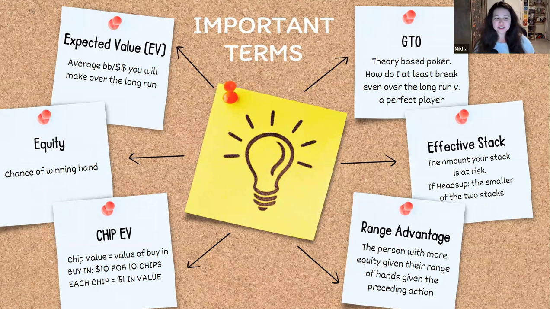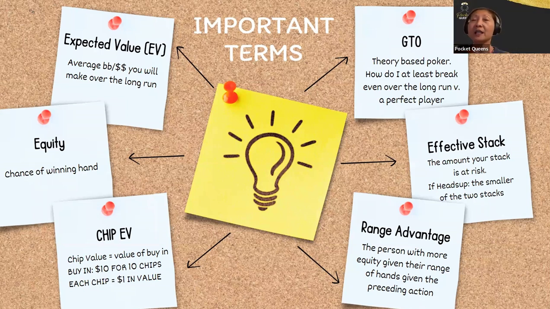You're all geniuses, that's great. The most confusing term that people mix up all the time is equity versus EV. I'm going to make a strong distinction between the terms and go over each one of them.